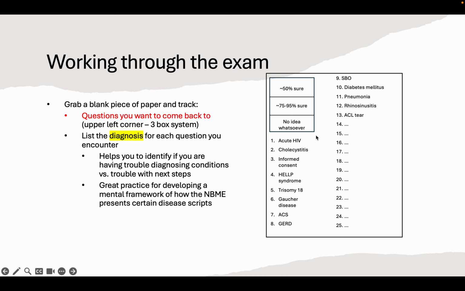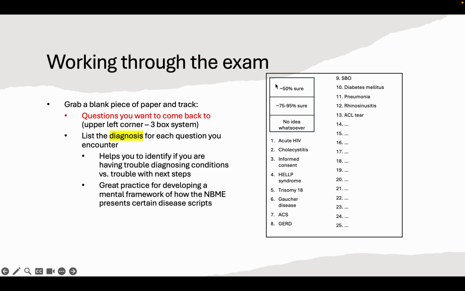On the paper itself, in the little rectangular box that you've divided into 3 sections, this box is kind of how you're going to flag questions as you work through the exam. I use a 3-tiered flagging system instead of the flag or not flag system, and I find this is a really good way to get the most bang for my buck when going back and reviewing questions.